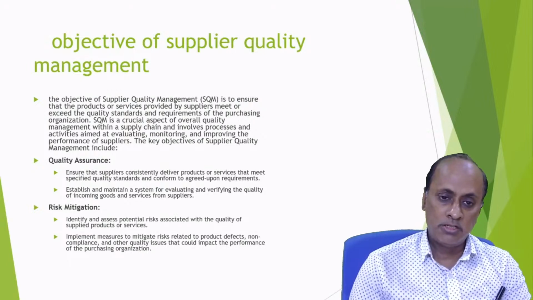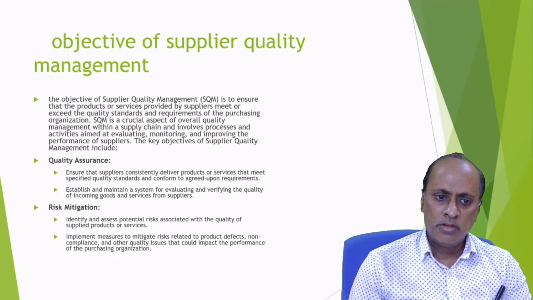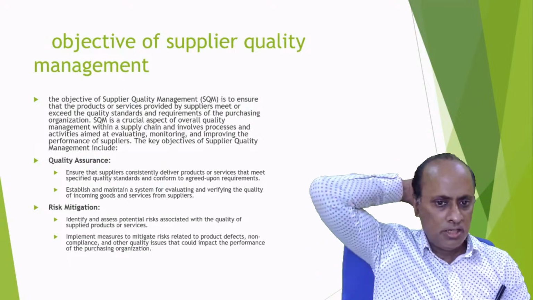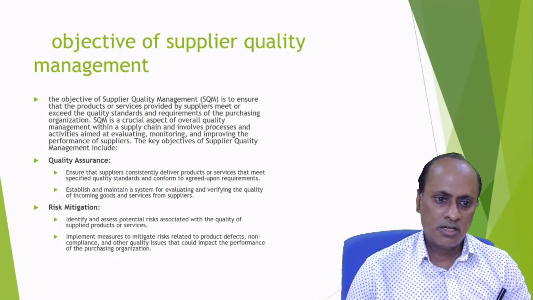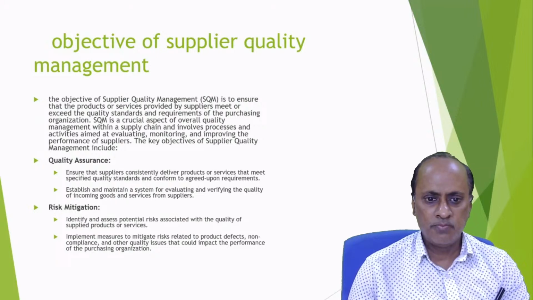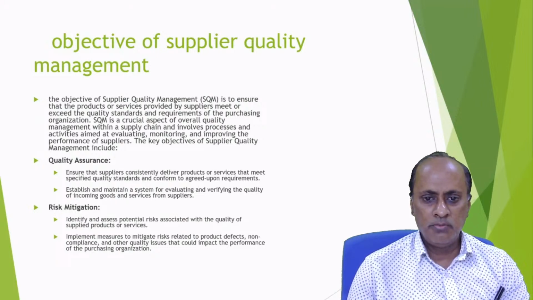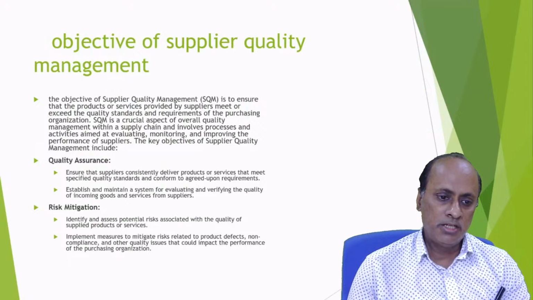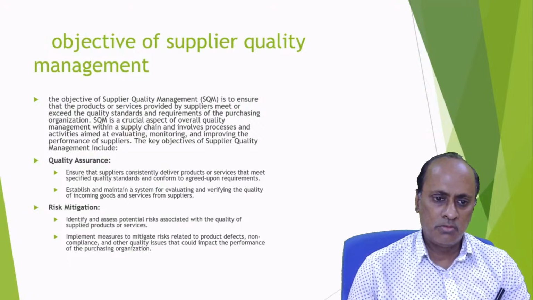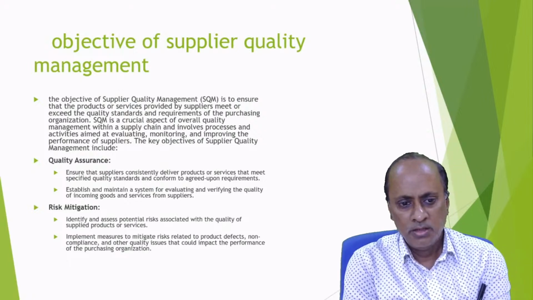So quality assurance means the suppliers consistently deliver products and services that meet specified quality standards, and establish and maintain systems for evaluating and verifying the quality of incoming goods and services from the suppliers. Risk mitigation: identify and assess the potential risks associated with the quality of the supplied products and services.